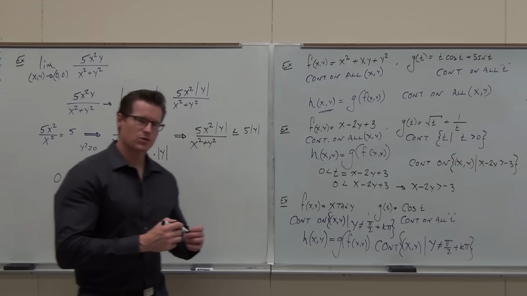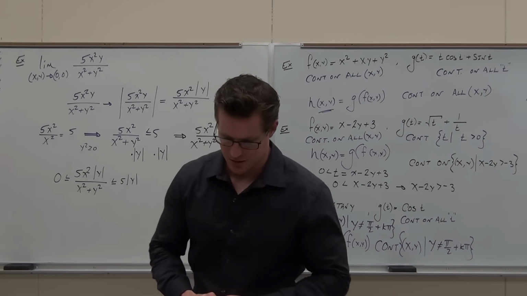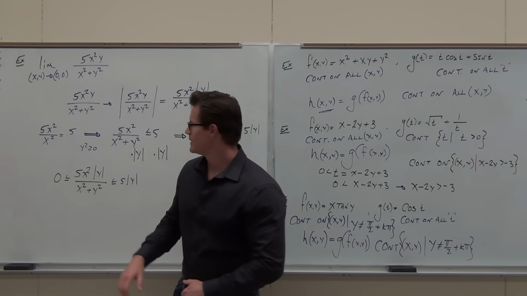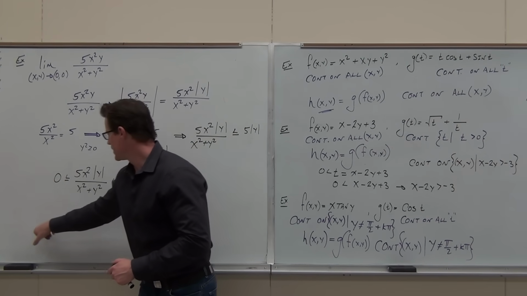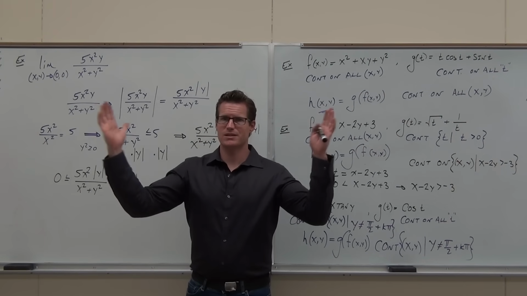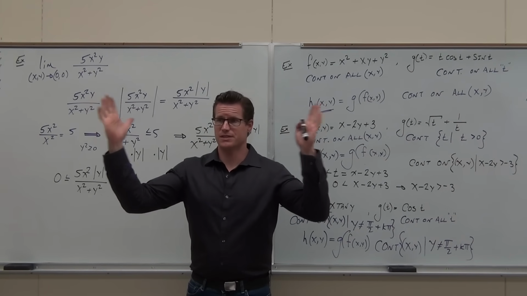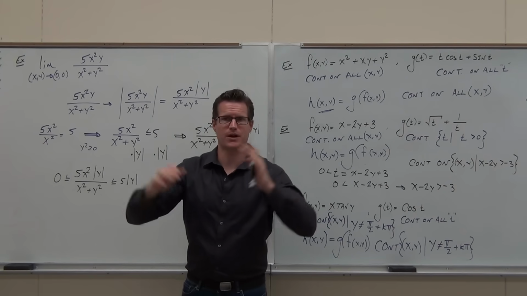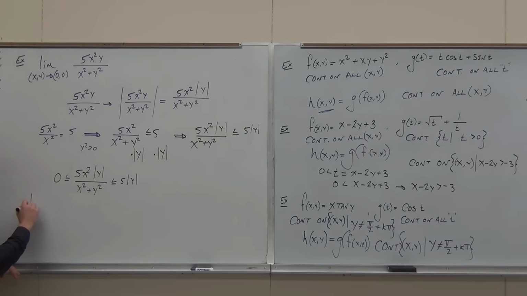How the squeeze theorem works is this. It says if you take the limit of this and you take the limit of this and they go to the same number, the thing squeezed, or sandwiched, some people call it the sandwich theorem, the thing sandwiched or squeezed between them has to go to the same value. What's the limit of 0 as (x, y) approaches 0, 0? I don't even care. What is it? 0.